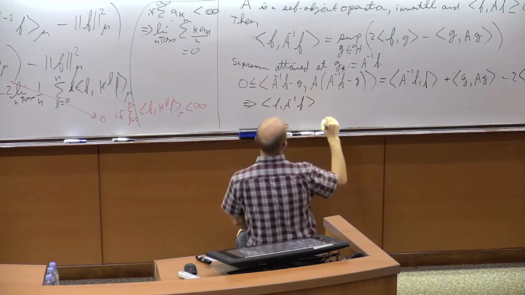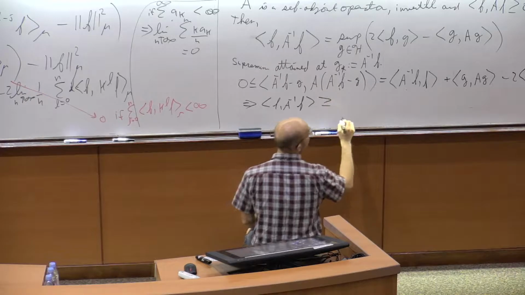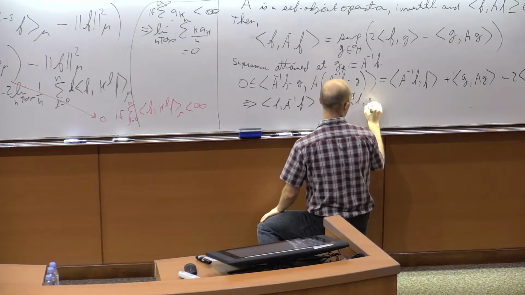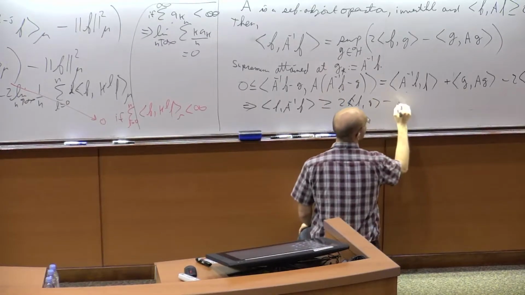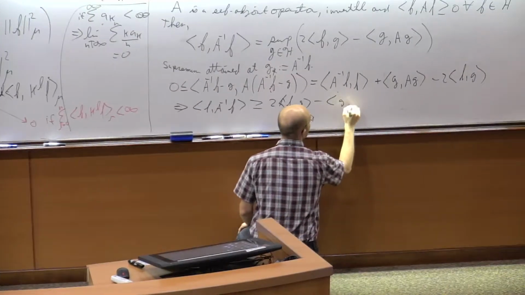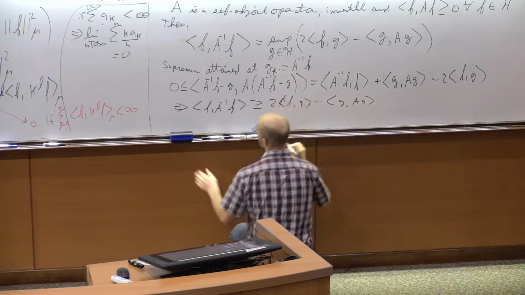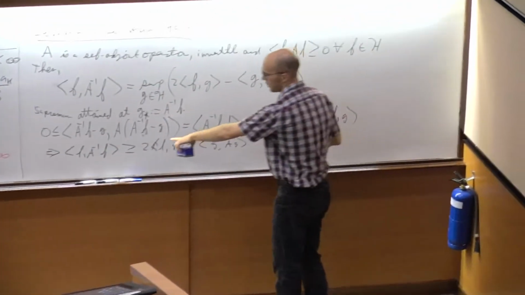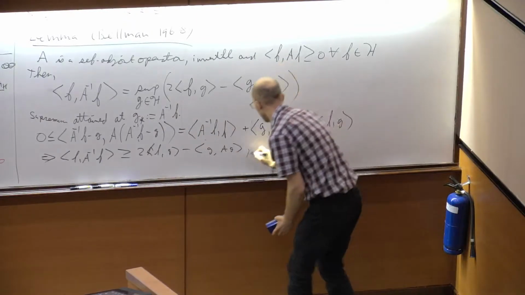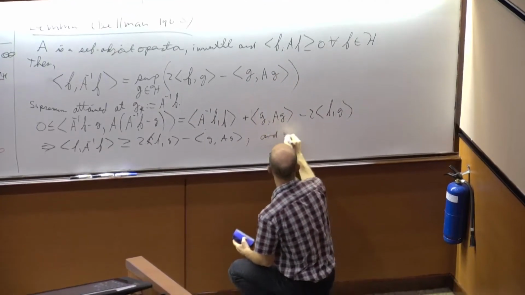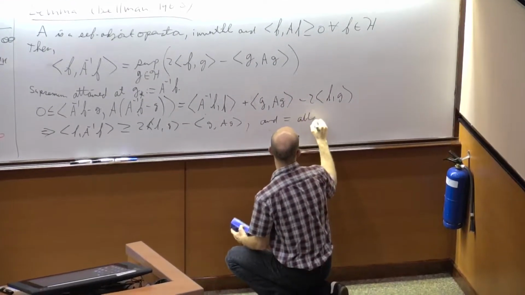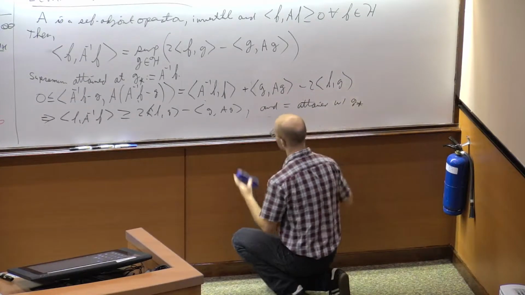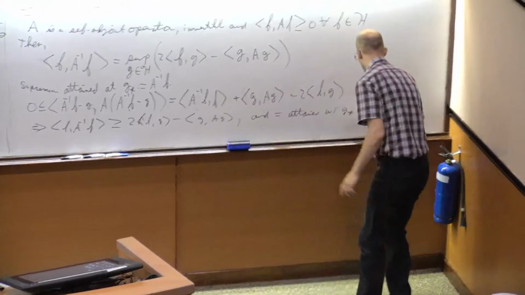This is then greater than or equal to 2 times the inner product of F and G minus the inner product of G and A G. And it's actually greater than or equal with equality attained at G star. So that's the proof.